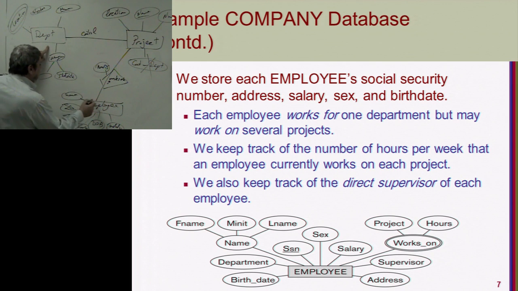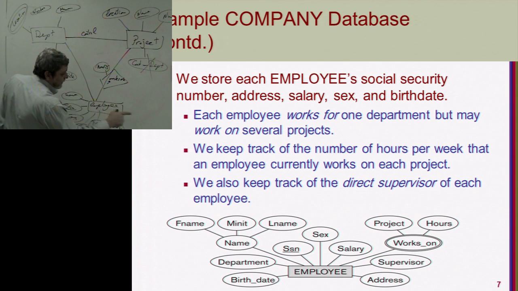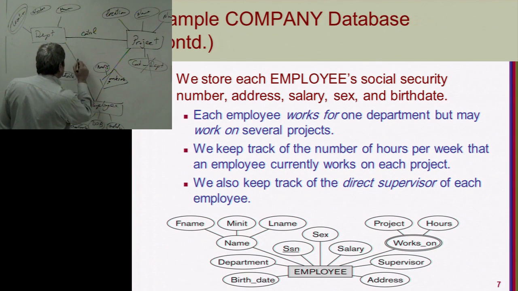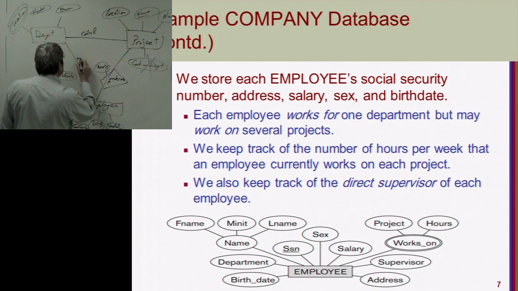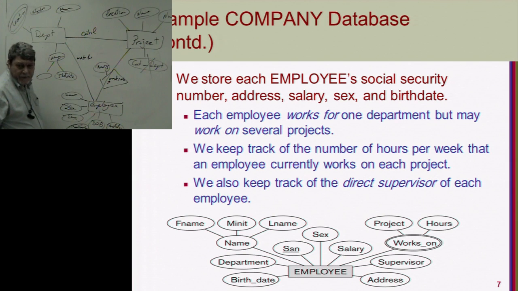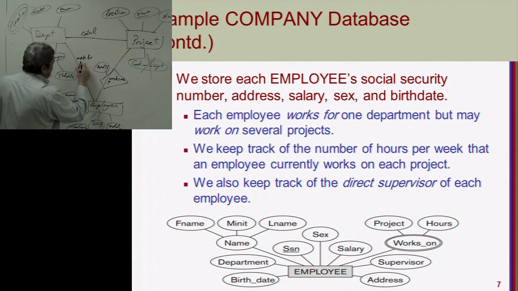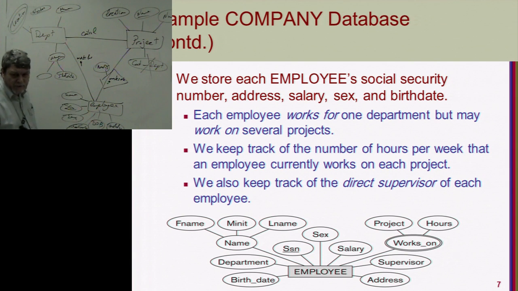So we relate the employee to the department. Right? So employee works for department. Works for, or department has, it's up to you. Okay, let us write works for. But again, you are going bottom up, so you draw a line just to determine the direction of reading the sentence.